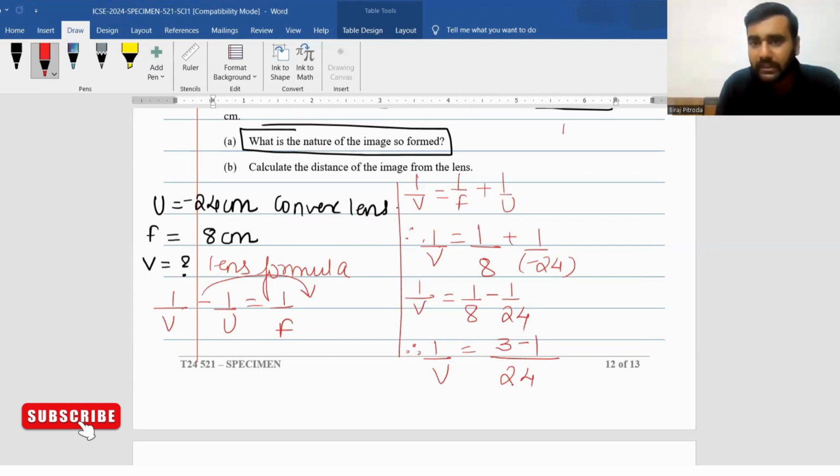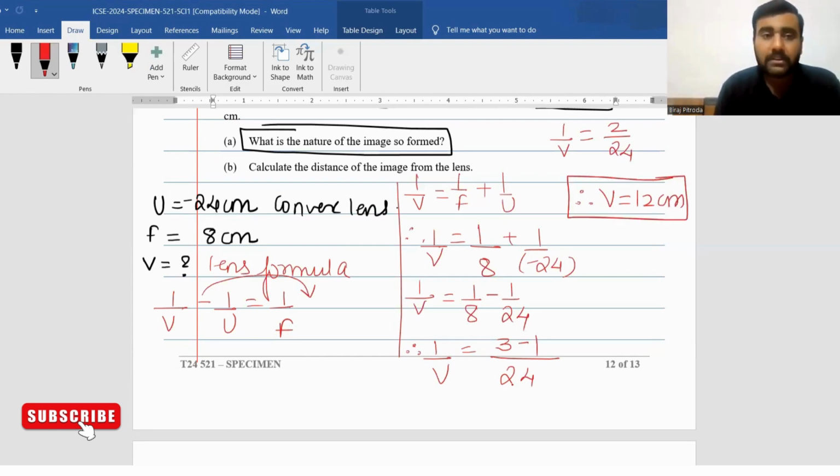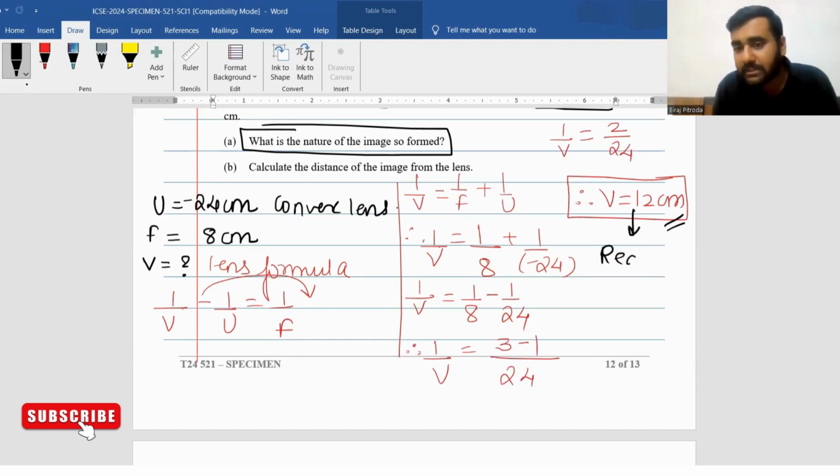So students, we get 1/v is equal to 2/24, which gives me v value as 12 centimeters. Now, if you note one thing very carefully, the image distance I have found here is positive. That means this is which type of image? This is a real image.